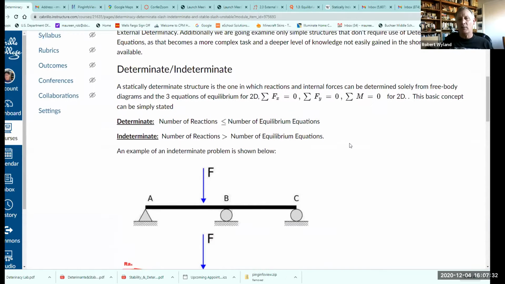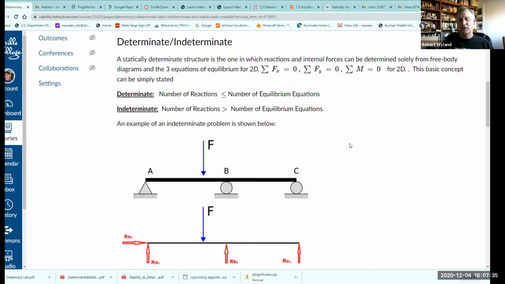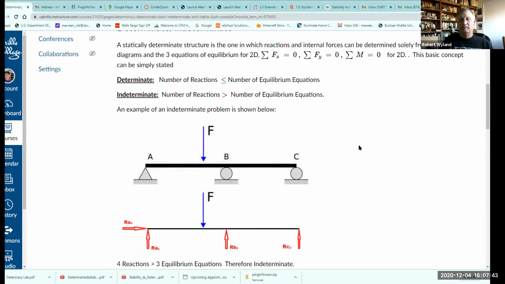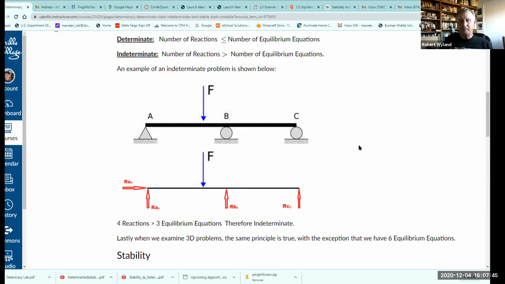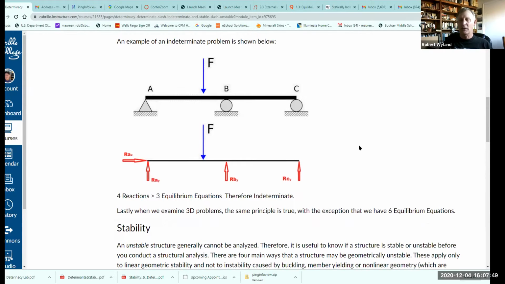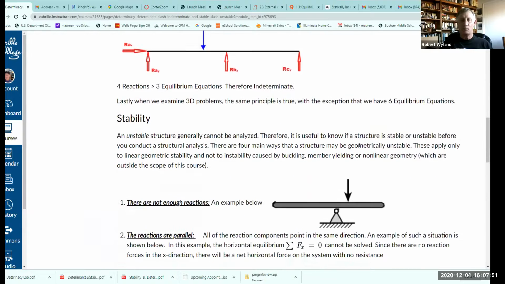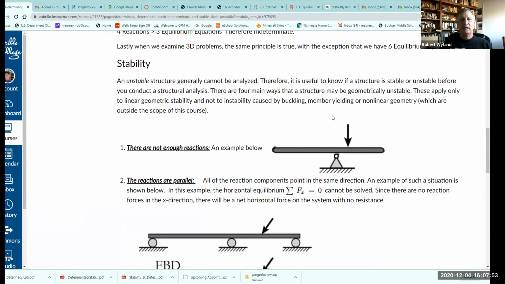If you want to know more about the determinacy equations, there's a lot of information out there to search, or you can send me an email and I'll send you some links on determinacy equations. But like I said, we're not going to cover that in this class because I think it would be too much. So just to give you a basic idea.